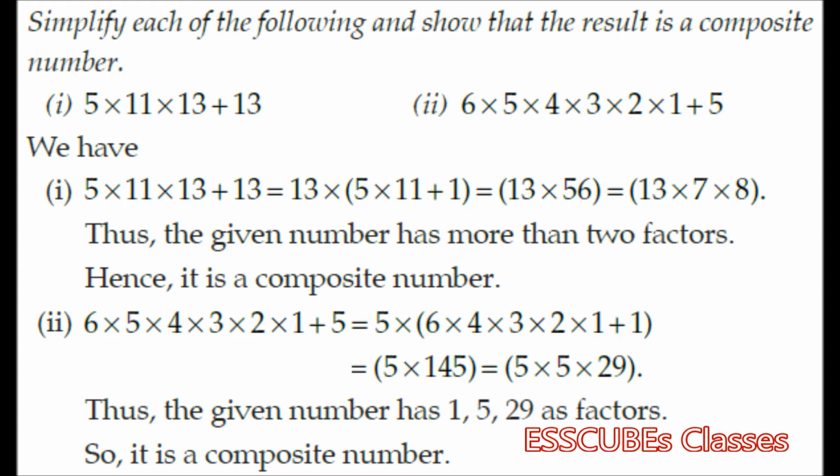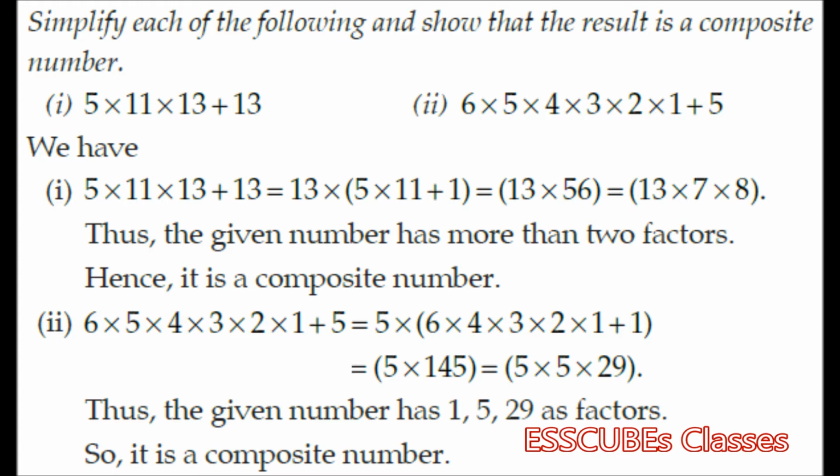If I take 13 common out of it, I'm left with 5 into 11 plus 1, so I'm left with 13 into 56. Check if 56 can be broken down into the factors 7 and 8. Thus the given number has more than two factors, so it is a composite number.